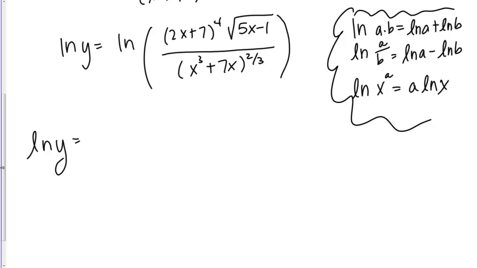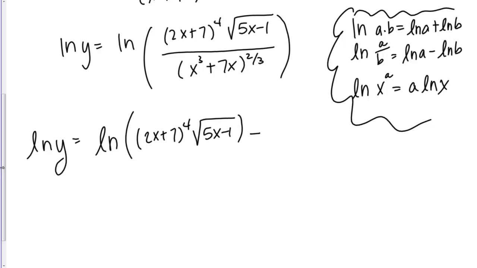The first thing we have here is a quotient, so let's make the quotient subtraction. So I have the natural log of (2x plus 7) to the fourth times the square root of (5x minus 1), minus the natural log of (x cubed plus 7x) to the 2/3 power.